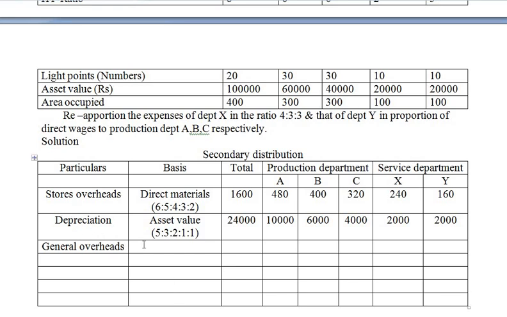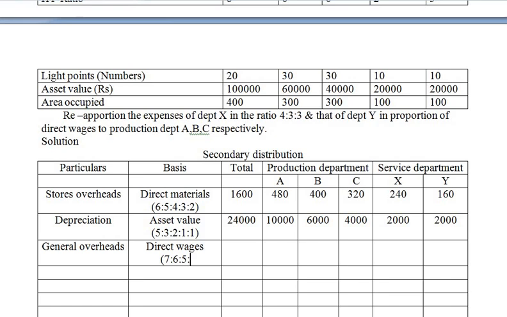If anything is not suitable, then take it as direct wages. Okay, now direct wages ratio is 7 is to 6 is to 5 is to 1 is to 1.